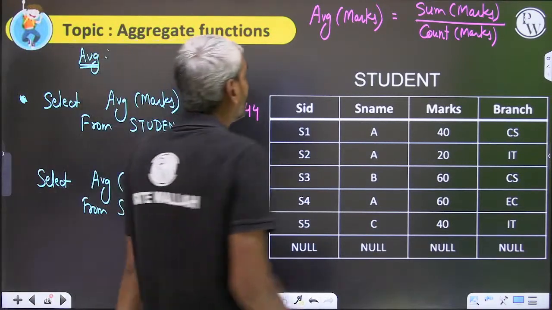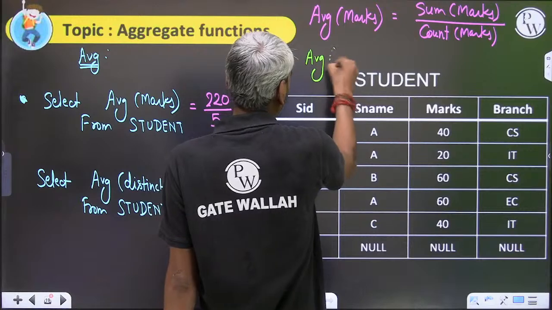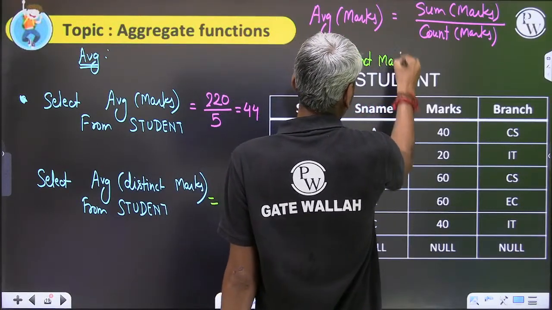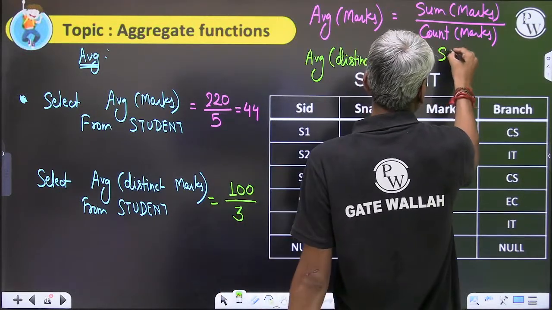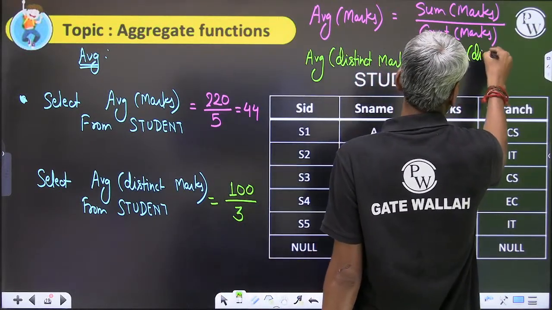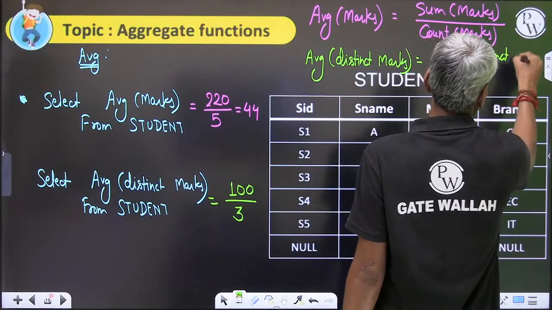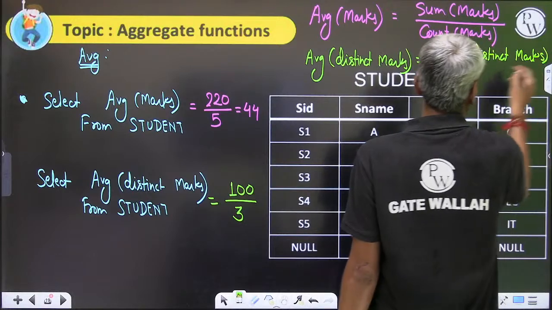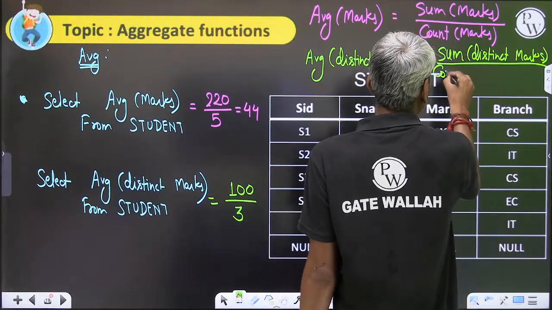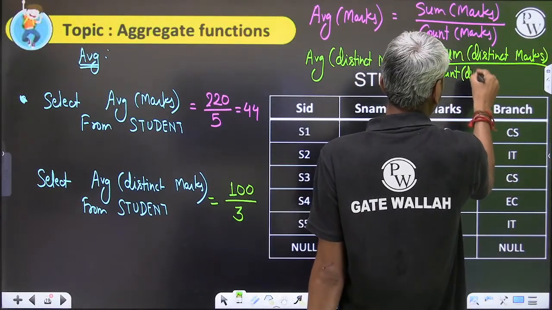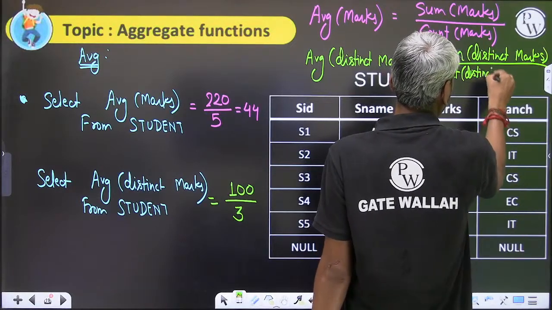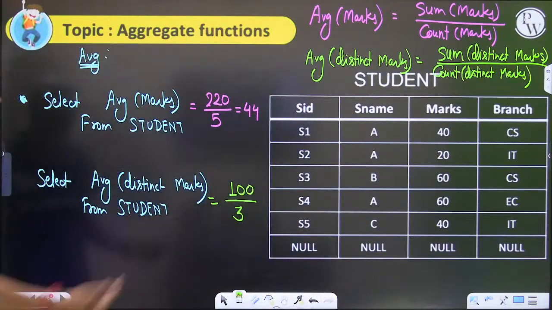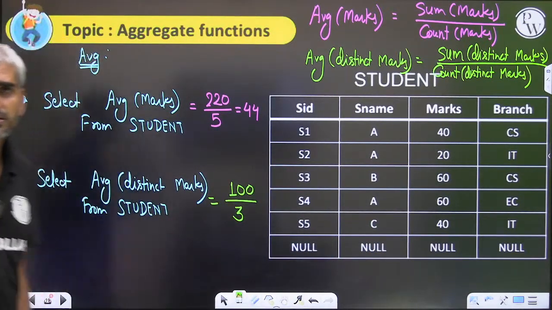So the average of distinct marks is calculated as the sum of distinct marks divided by the count of distinct marks. Make sense? So there are two different values possible with respect to average.